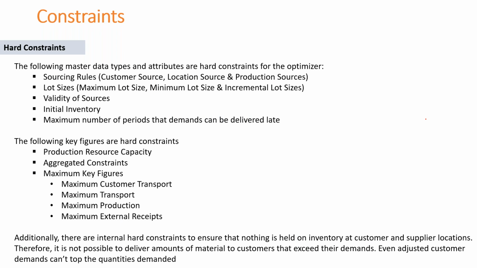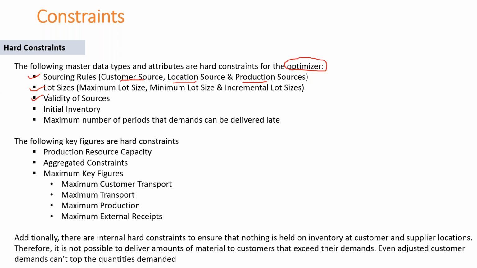So now let's see the hard constraints. The following master data types and attributes are hard constraints for the optimizer. As I told, some data points will be read from the master data itself. For example, the sourcing rules: how the customer sources are maintained, how many location sources are there, how many production sources are there, lot sizes, validity of sources.